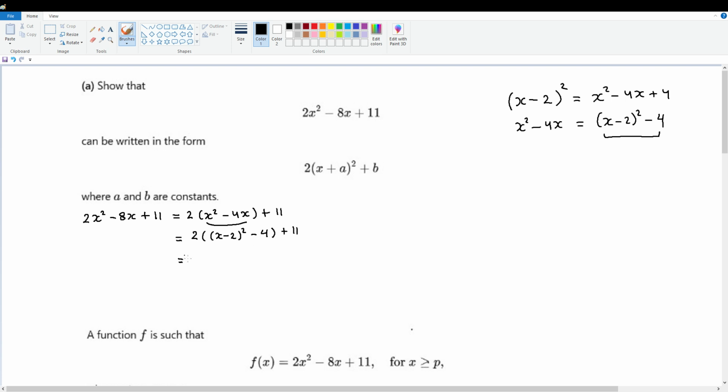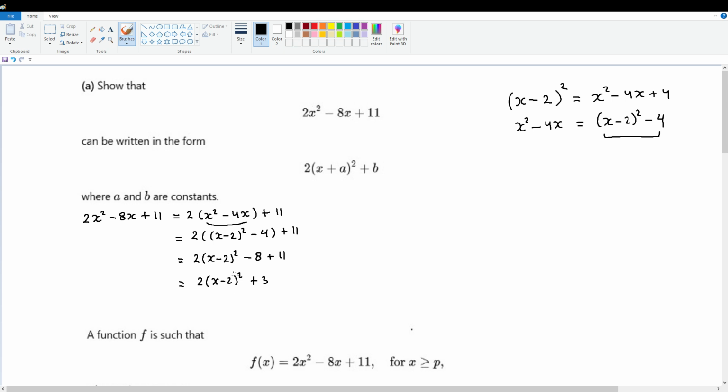After that, you can expand to simplify this form, and it becomes 2 times (x minus 2) squared, and then 2 times minus 4 is minus 8, plus 11, and the final answer is 2 times (x minus 2) squared plus 3.